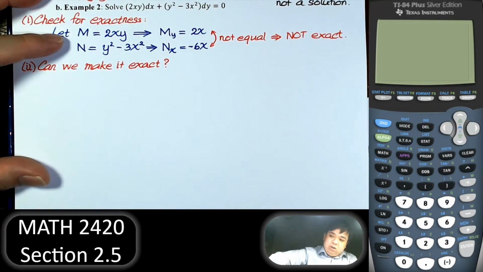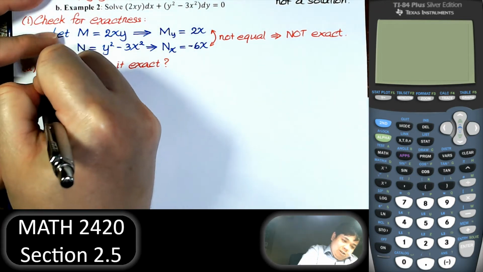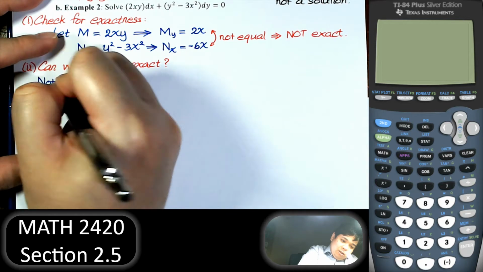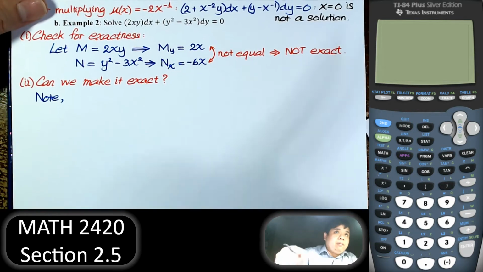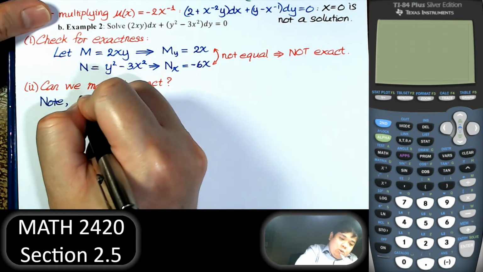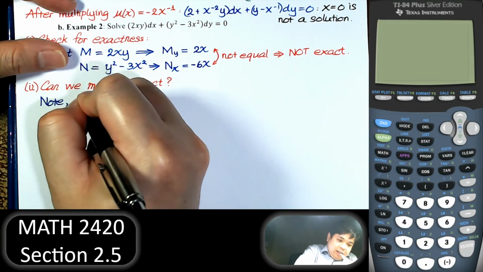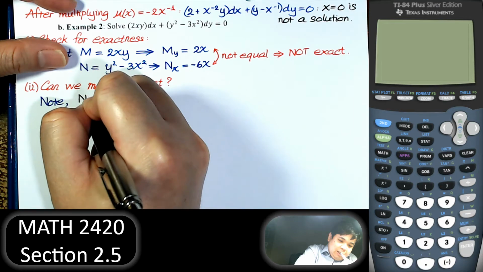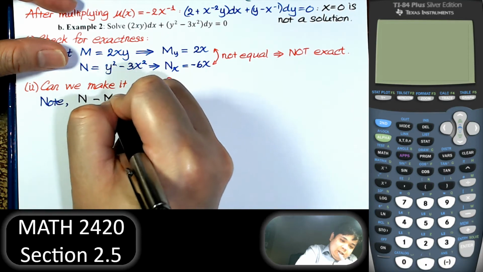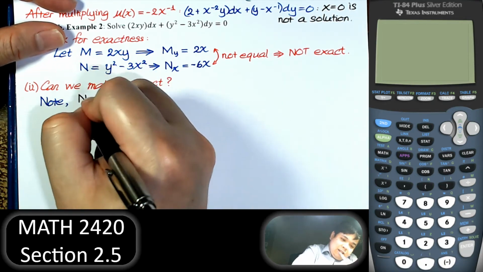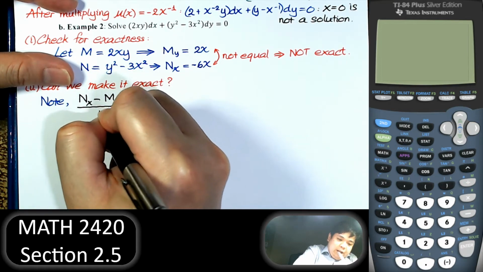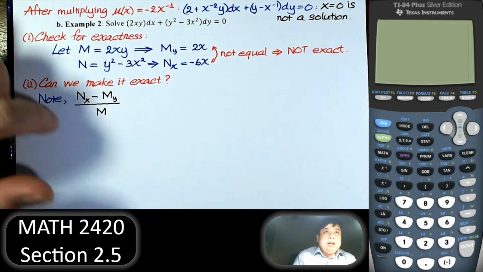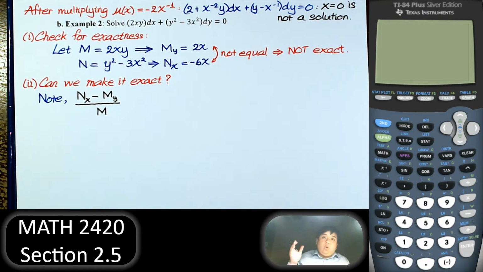So here, note, this is what we do. Again, if we start with N, and (N_x minus M_y) over M, if it only depends on y, then we have an integrating factor.